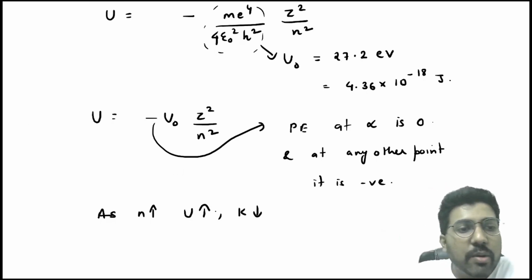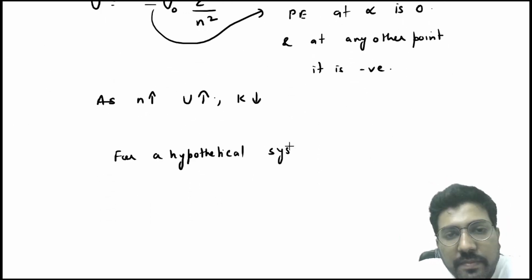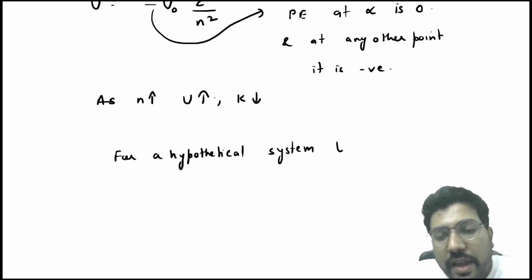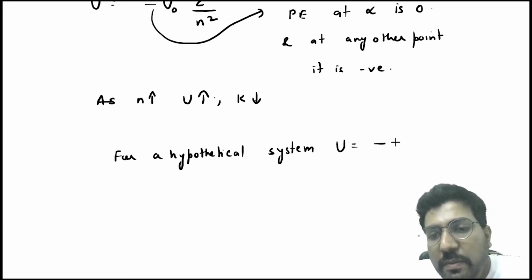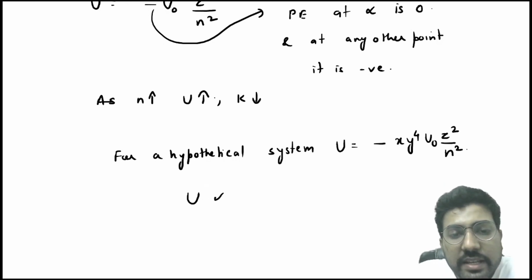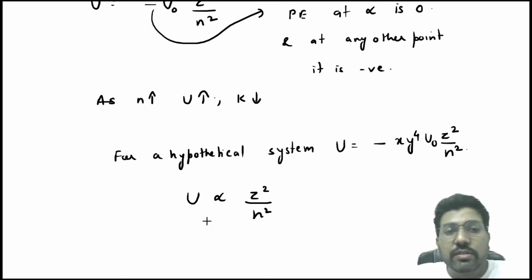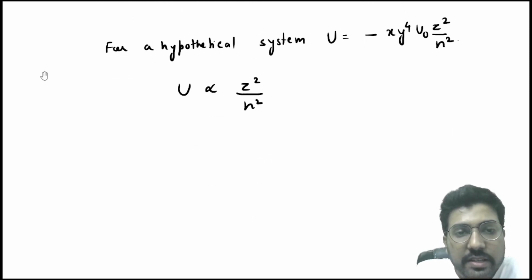Now again I will write for a hypothetical system, the potential energy will be minus x y^4 U naught into z square by n square, and the proportionality is obviously z square by n square. For kinetic energy also it is the same proportionality, right?